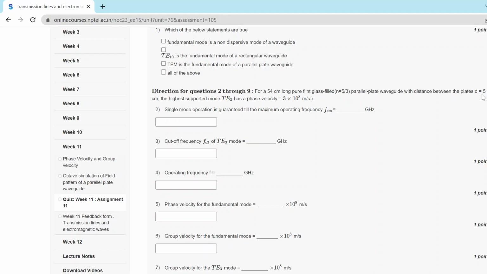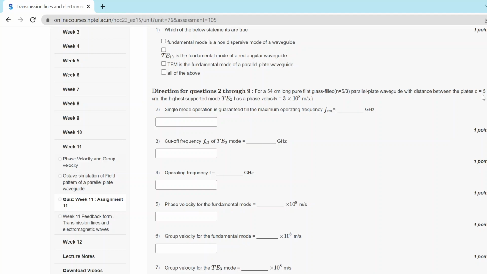Now we will be able to find the cutoff frequency or cutoff wavelength if we know the distance between the plates and the mode number. We know the equation lambda c is equal to 2d by m. So once we know d and m, we can calculate the cutoff wavelength.